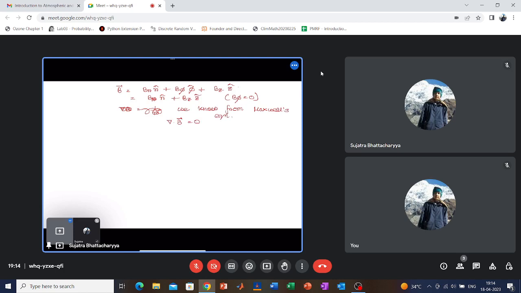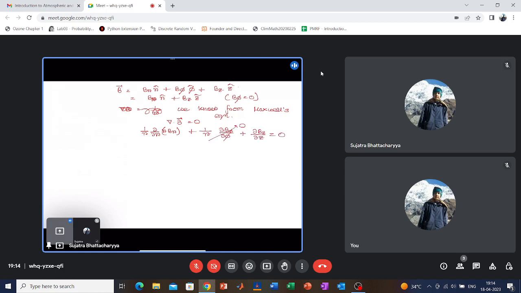So how to write it in the cylindrical coordinate: the divergence is 1 by R delta by delta R of R B_R, plus 1 by R delta B_phi by delta phi, plus delta B_Z by delta Z, which should be equal to 0.